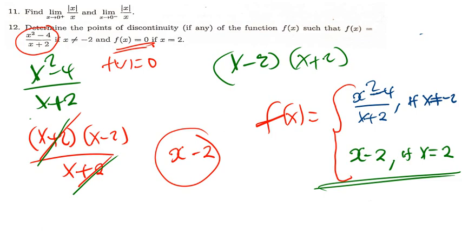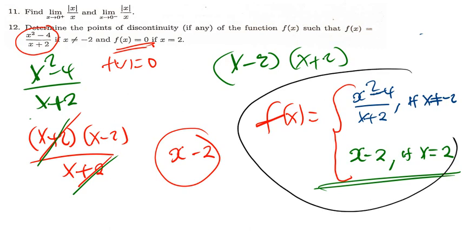So initially, here I think I've solved 2 questions already. If they ask you a question to say you need to make this function continuous, then I need just to put it like the way I've done it here.